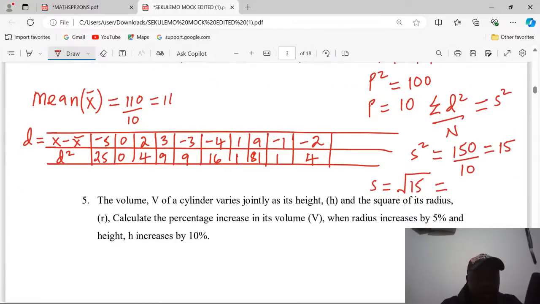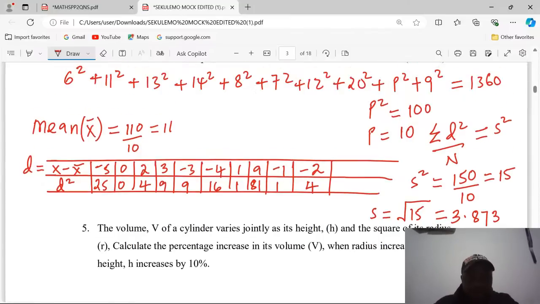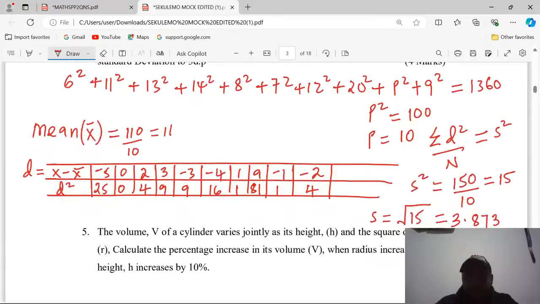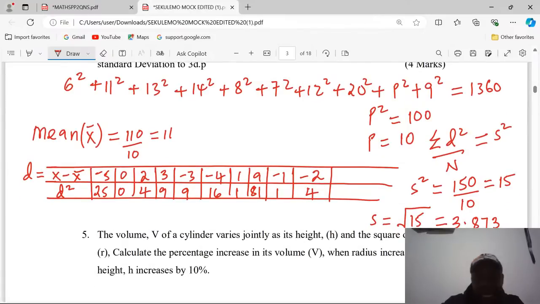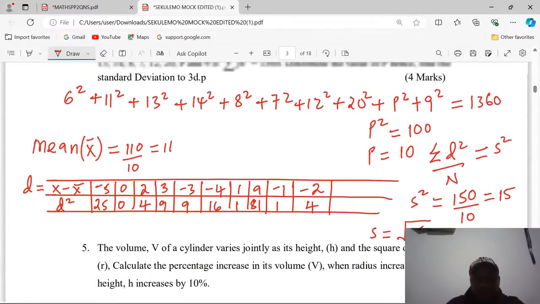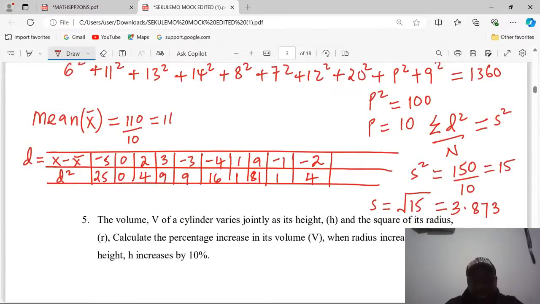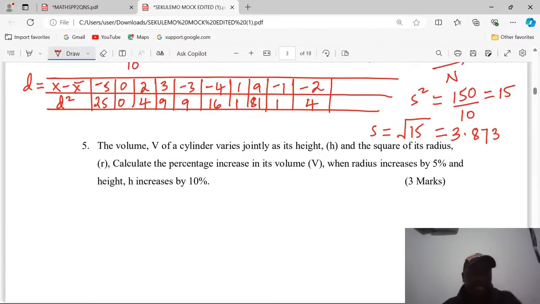So the square root of 15 is 3.873. This to 3 decimal places is going to be our standard deviation. I believe you have followed. I believe you can redo the question given a similar chance.